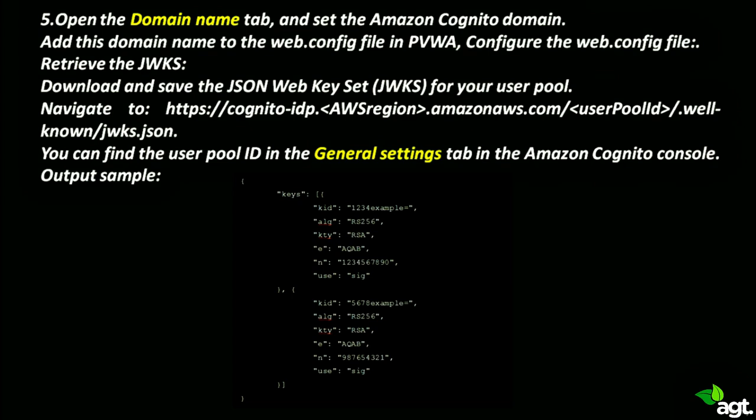Then retrieve the JWKS: download and save the JSON Web Key Set for your user pool, and navigate to https://cognito-idp.<AWS region>.amazonaws.com/<your user pool ID>/.well-known/jwks.json. You can find the user pool ID in the General settings tab in the Amazon Cognito console, and the output sample is here. This is a sample model.